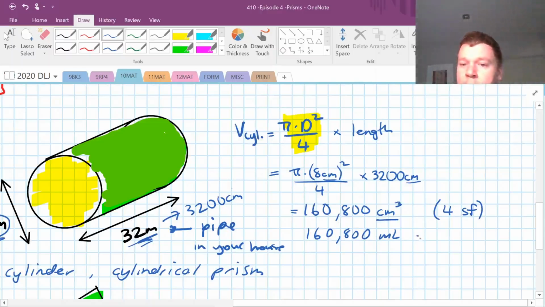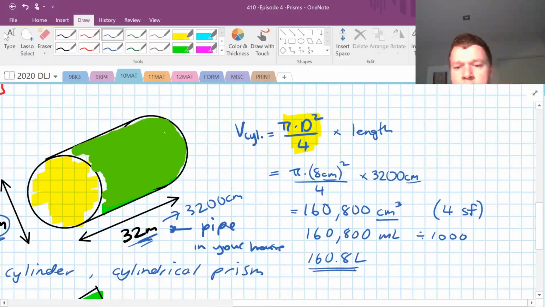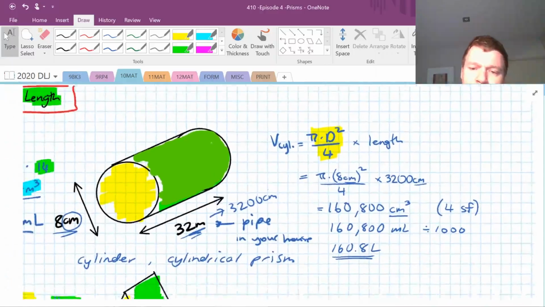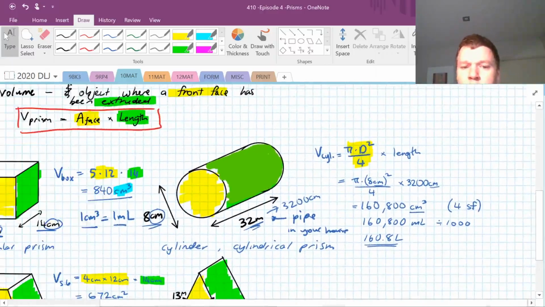Well, you just divide by 1,000, because there's 1,000 milliliters in a liter. 160.8 liters. That's quite a lot of volume contained in one 32-meter pipe.